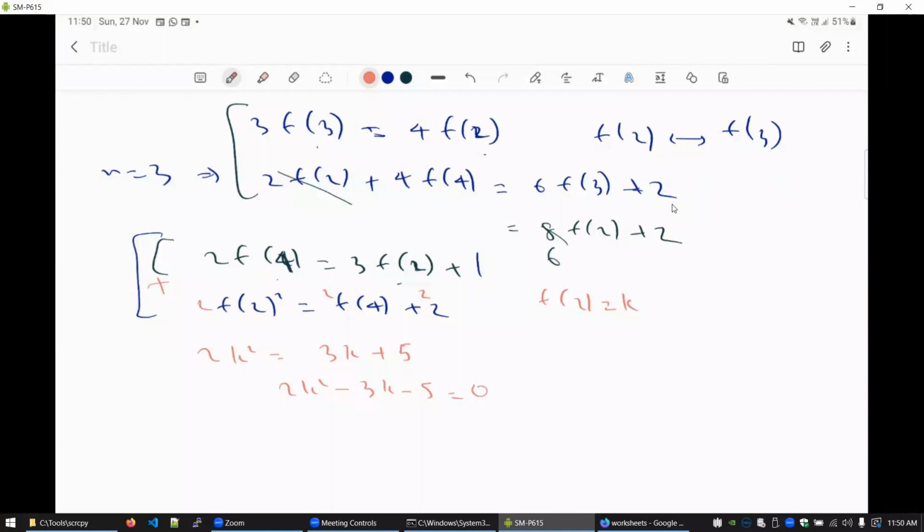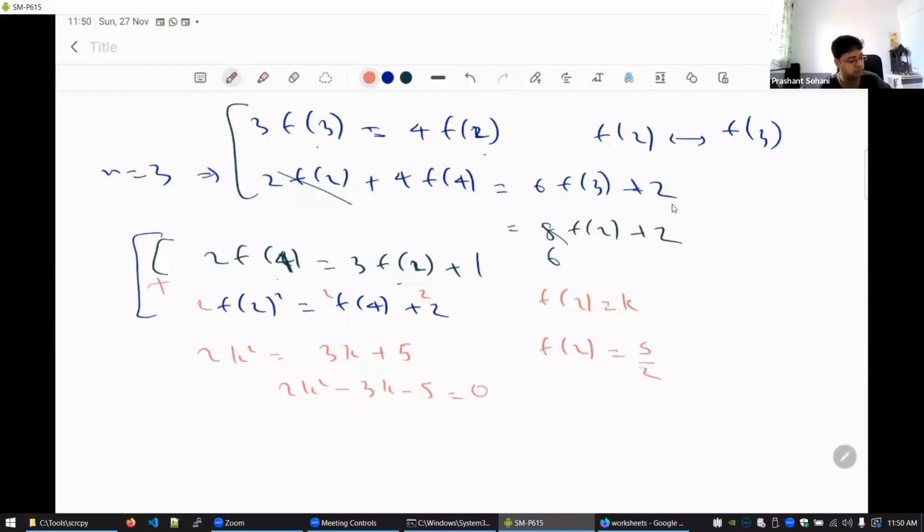Sir, 5 by 2. So f of 2 is 5 by 2. Another solution would be minus 1, but the negative root is not possible. So you can say f of 2 is 5 by 2.